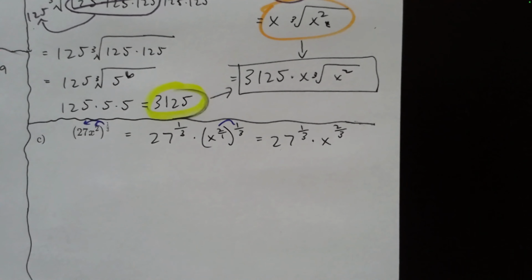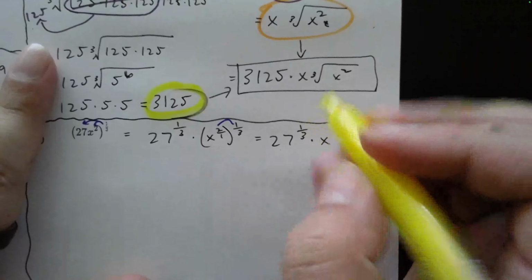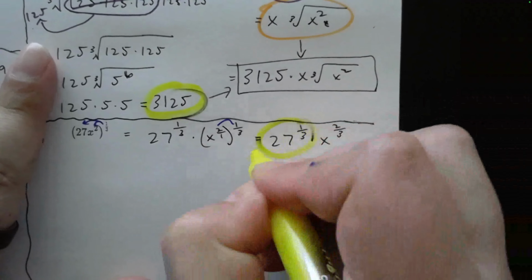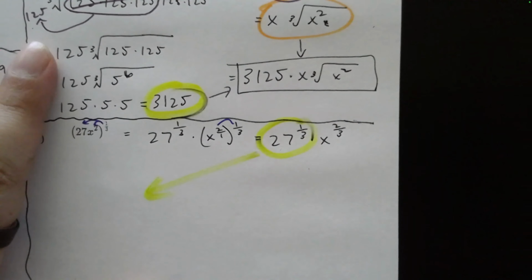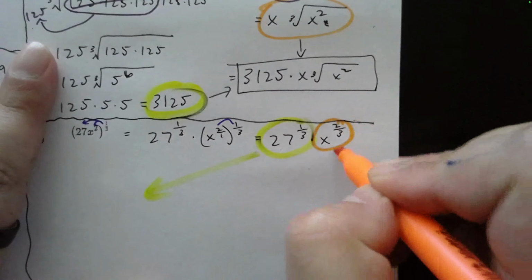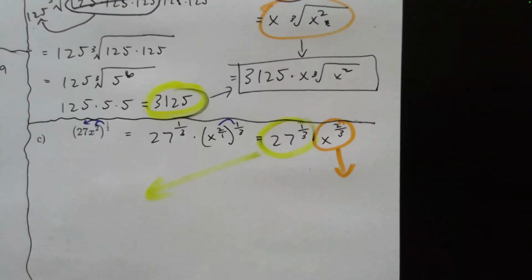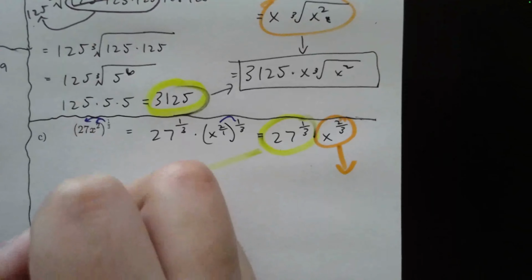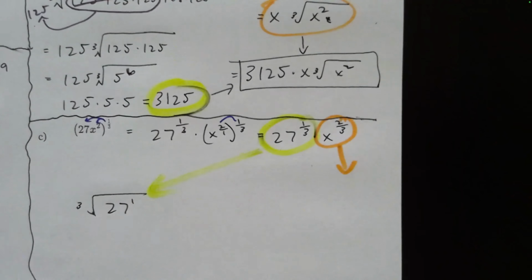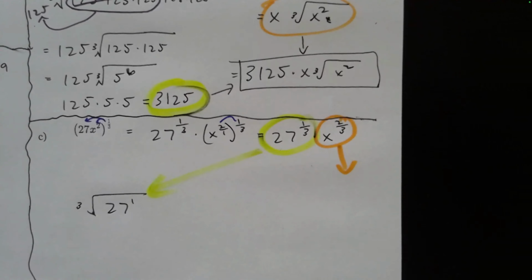Simplify. Looking for triples here. So 27 to the 1/3, and I'm looking for triples. Well, it's just 27.